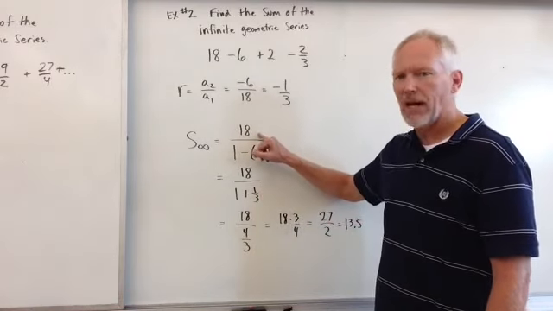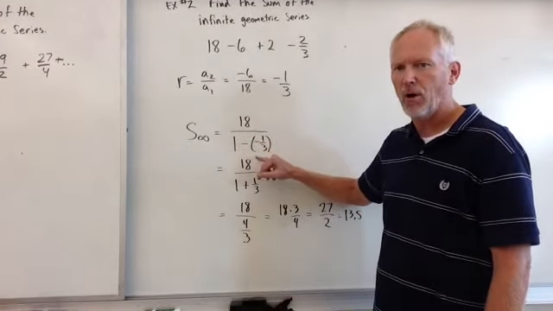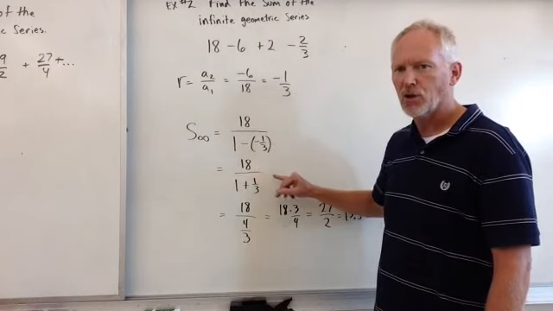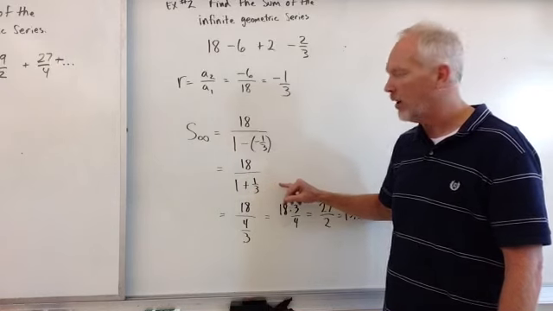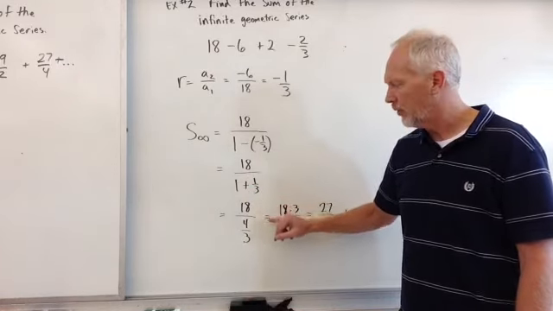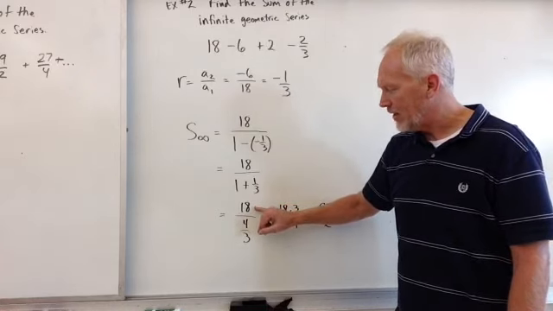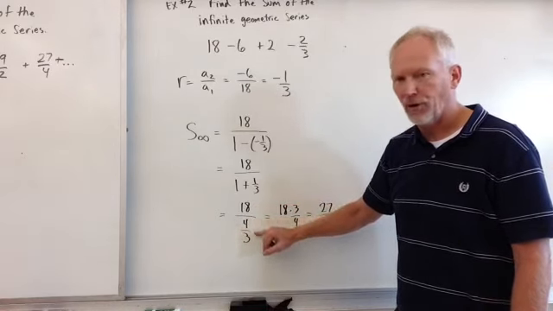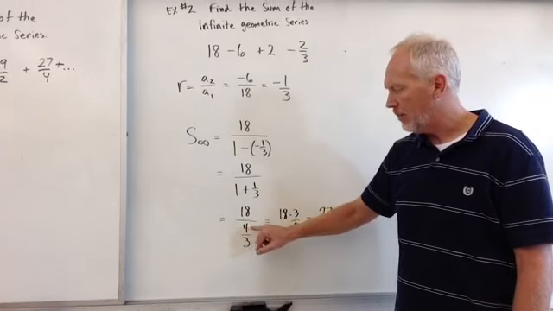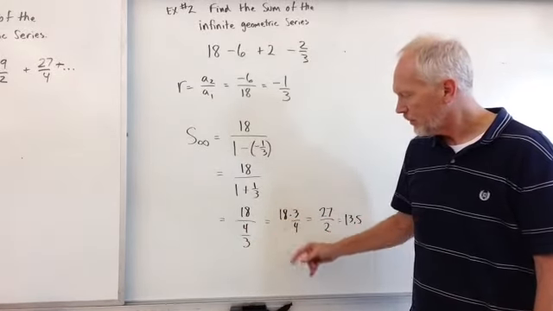We get 18, which is a sub 1, divided by 1 minus -1/3. In this case, we can distribute that negative, and we get 1 plus 1/3. So 18 divided by 1 plus 1/3. That means we get 18 divided by 4/3, because we could change 1 into 3/3, and that becomes 4/3.